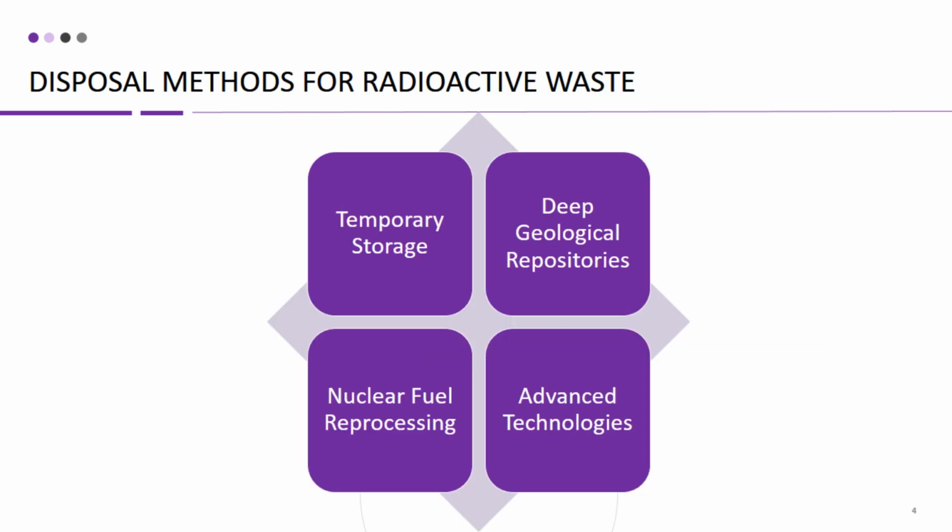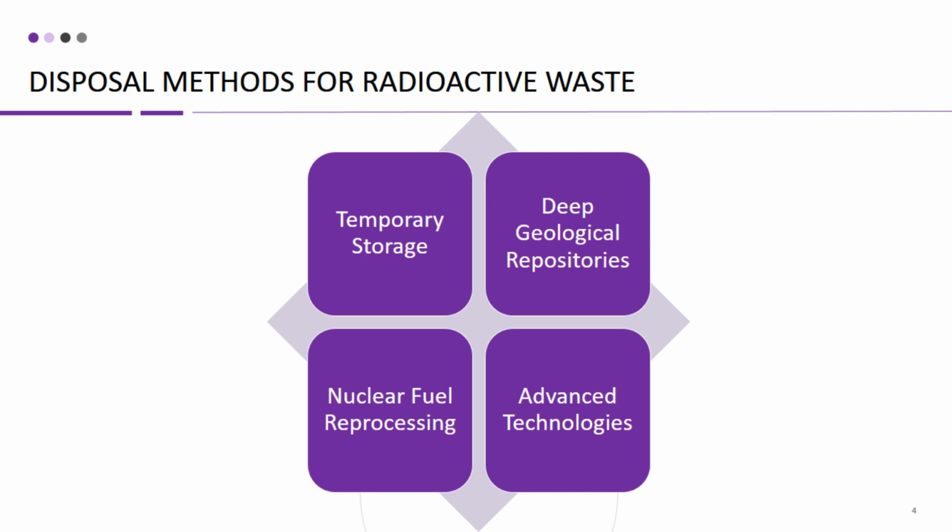Now, let's discuss the different methods for radioactive waste disposal. The three common methods are temporary storage, permanent disposal in deep geological repositories, and nuclear fuel reprocessing. Temporary storage involves storing radioactive waste in facilities designed to contain the waste safely until it decays to a lower level of radioactivity.